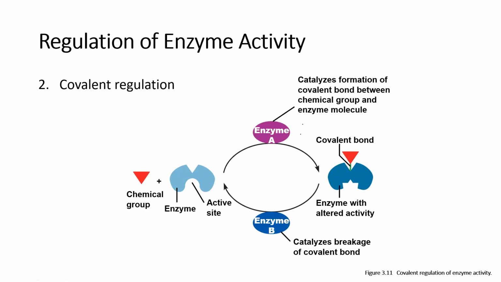And then we've got 2 other enzymes that are either adding a chemical group, such as a phosphate, or removing a chemical group, such as a phosphate. And the presence or absence of that phosphate will determine whether or not the enzyme is active or inactive, depending on that specific enzyme. Okay? And so in this way, we have other enzymes, enzyme A and B, that are helping to regulate the enzyme in question by adding or removing that chemical group.